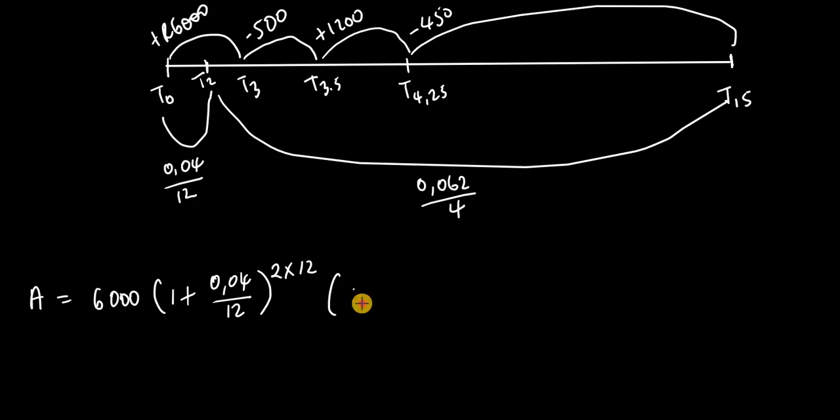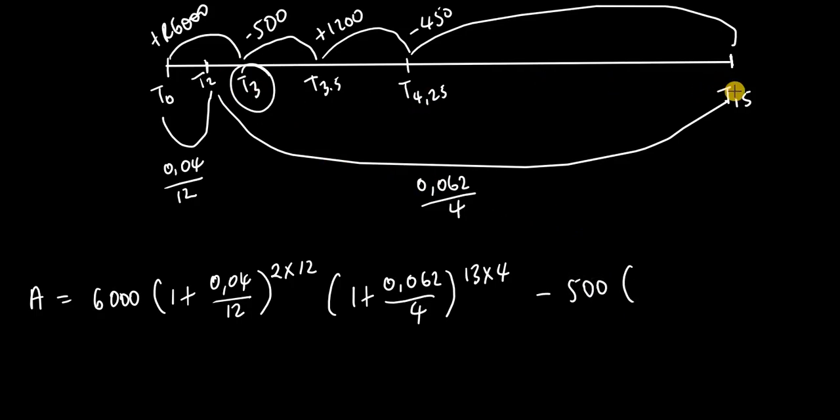We're going to say 1 plus 0.062 over 4. We say 13 years multiplied by 4. Then you say minus 500. 500 was there from T3 to T15, where the interest was this, right?